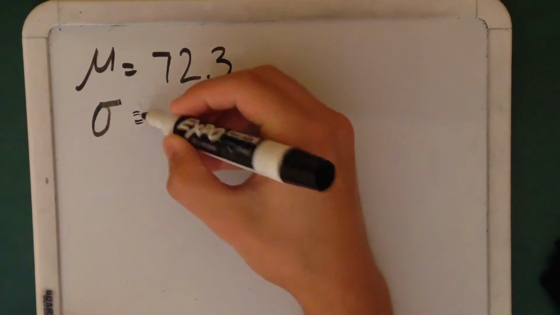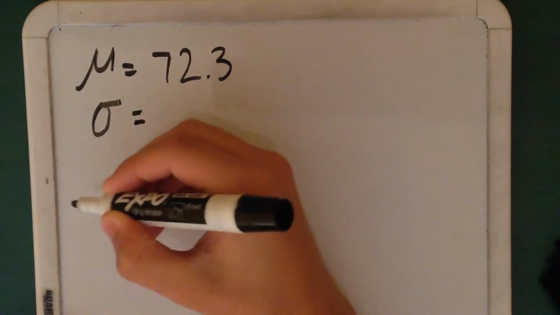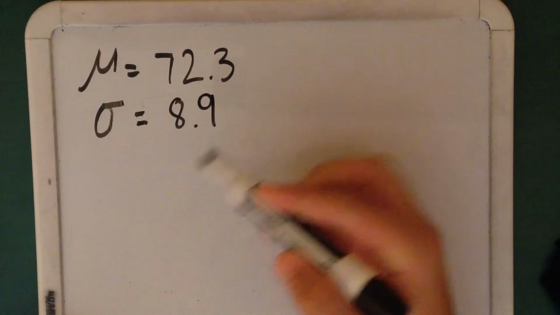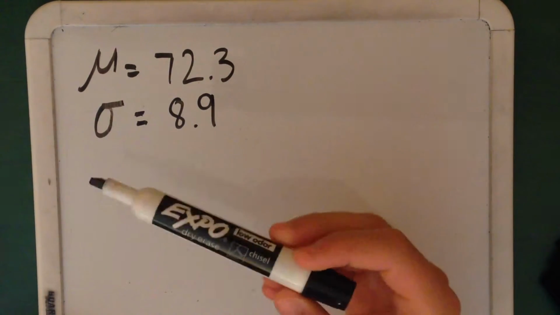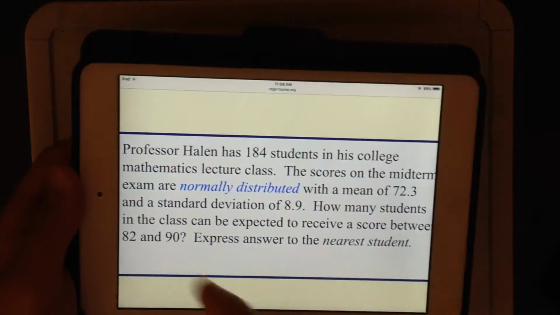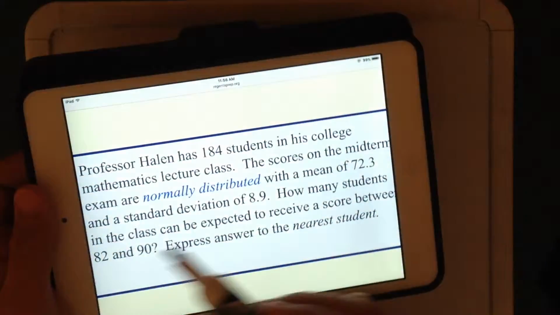And then they said the standard deviation is 8.9, and then they want to find how many students score between 82 and 90. So first, let's start with 90.